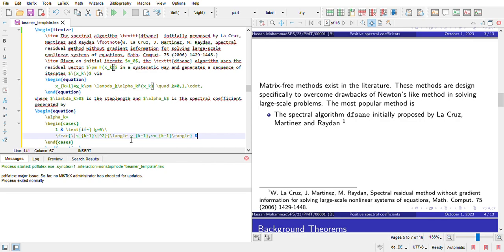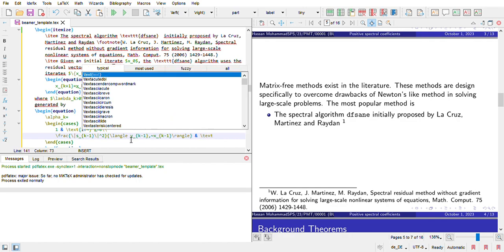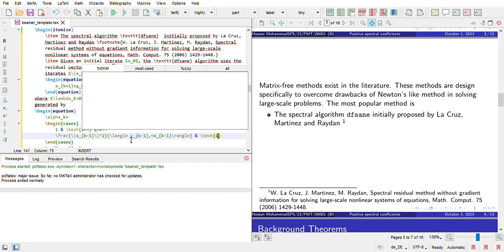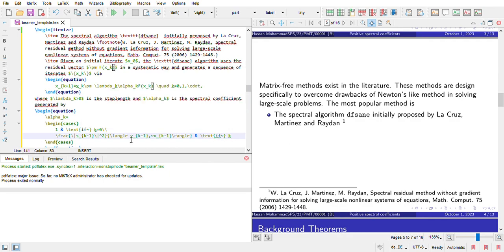then what is it? That is if k is what? So backslash text, put "if" as a text. So if k is strictly bigger than 0, since we put k equals to 0 earlier, then this is k bigger than 0, k starting from 1.